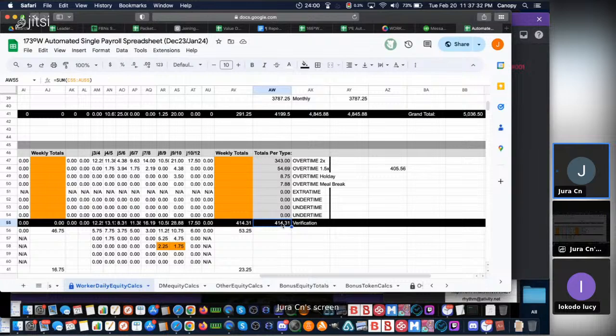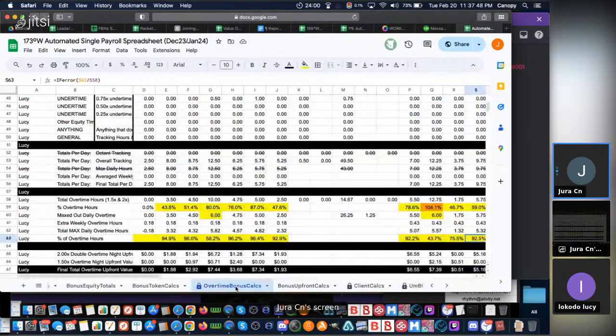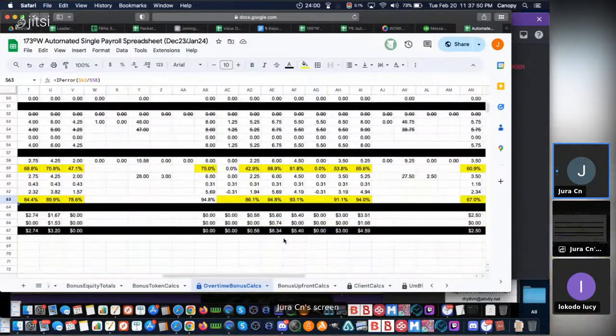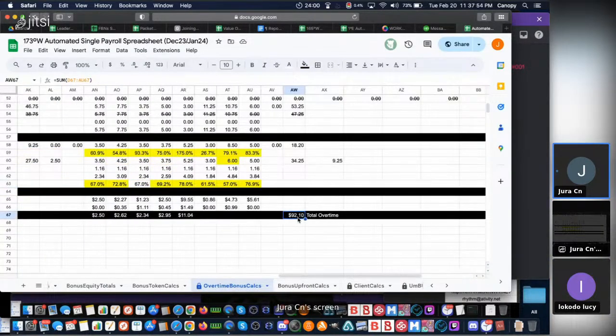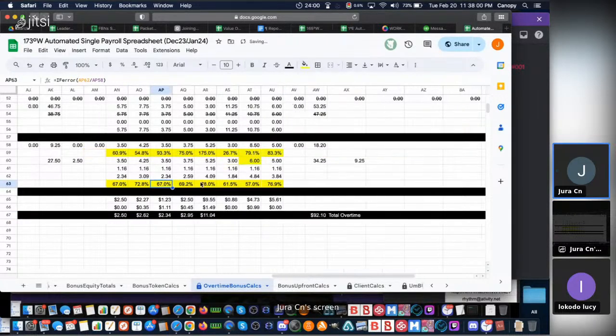This also includes time for meal breaks and holiday time, which wouldn't be included. So technically your overtime value was $397.69 for your nighttime work. Okay. Because of the pay stops, you're only going to be seeing about $100 of that, like $92 of that. But we're just verifying to make sure it's all correct.